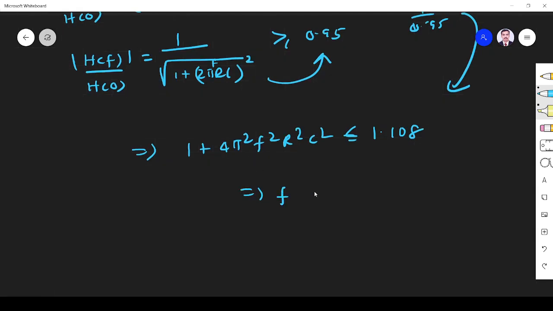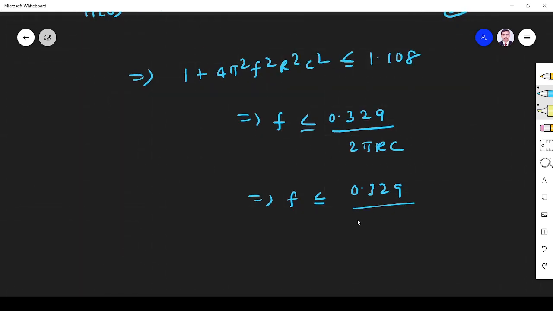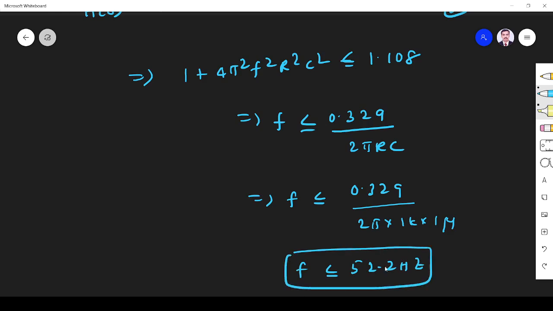This implies f is less than or equal to 0.329 divided by 2 pi RC. Substituting 1k and 1 micro, f is less than 52.2 hertz.